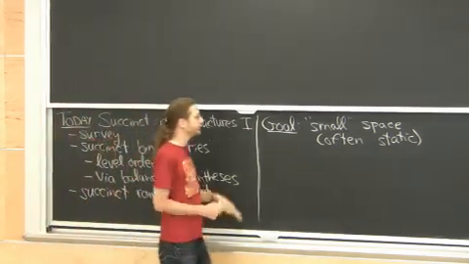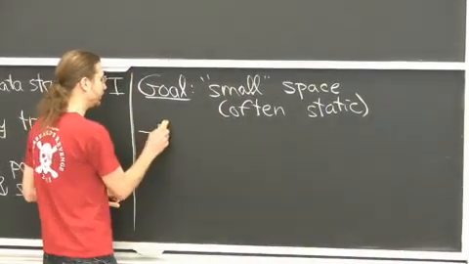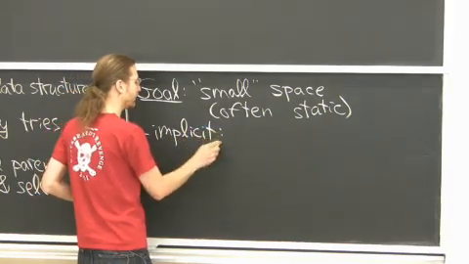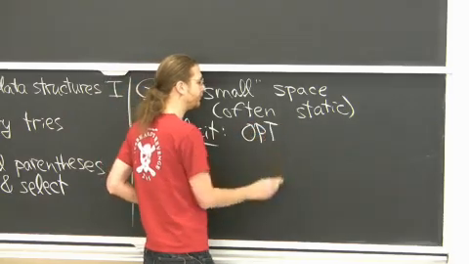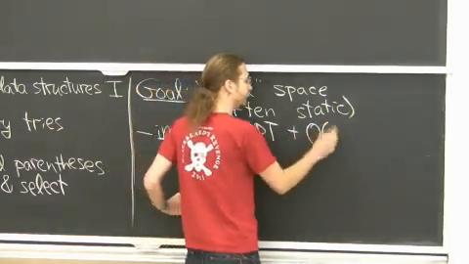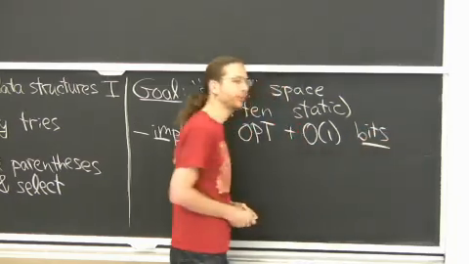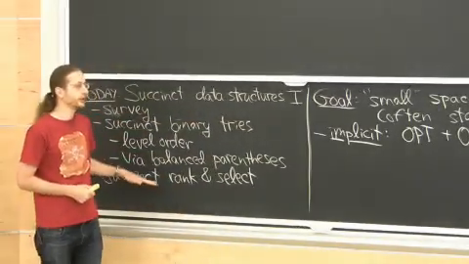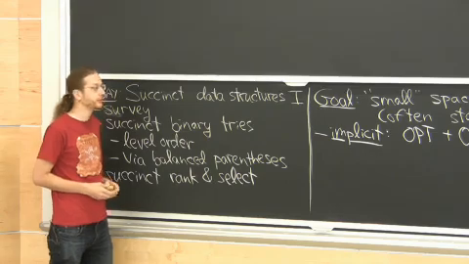And there are 3 senses of small space that we'll be going for. One is, the best version is implicit. An implicit data structure means you use the very optimum number of bits plus a constant. But here we're focusing on bits, not words. And if you translate a linear word data structure, order n words is order n times w bits.